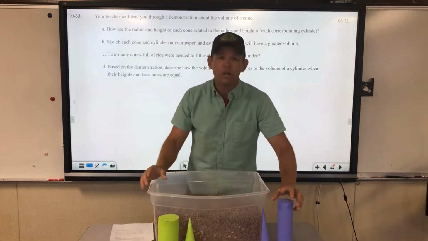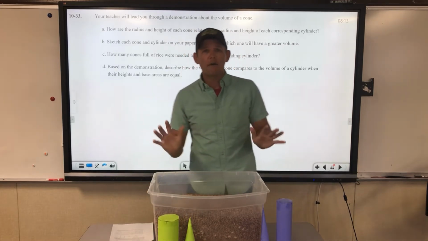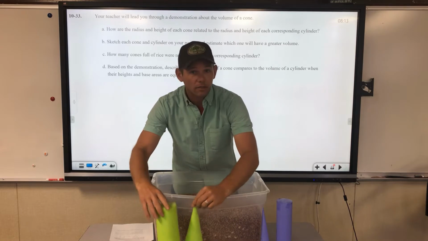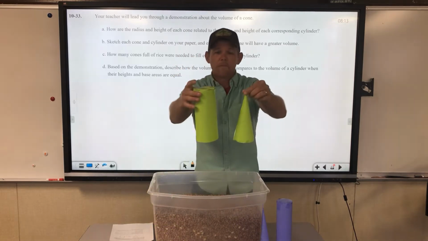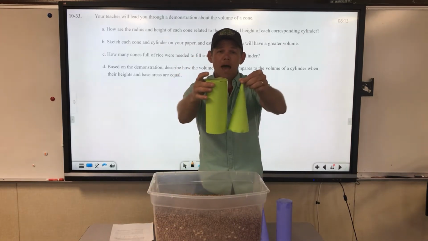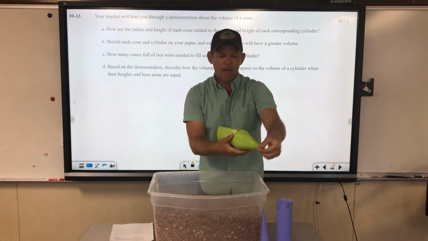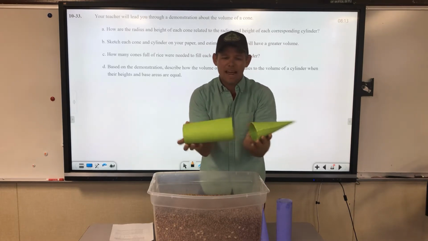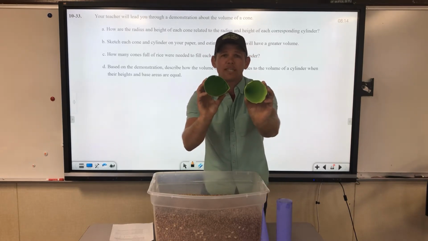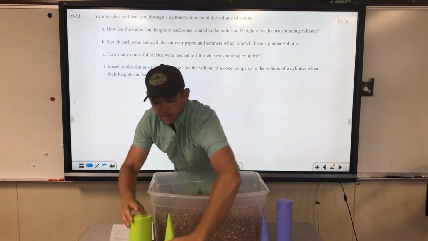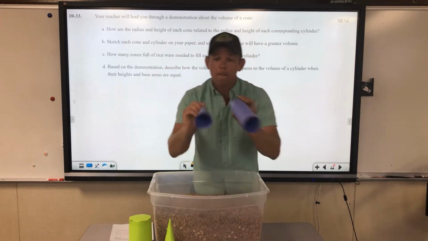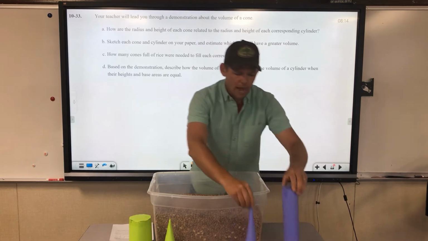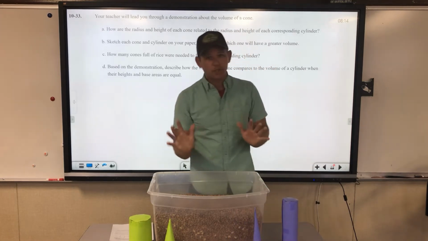With both of these pairs, just like the directions mention, they have the same height and the same diameter. The diameter of the circle is the same on both sets, and there's a relationship here.